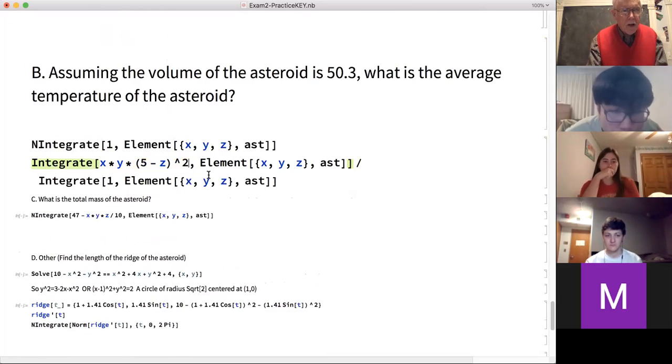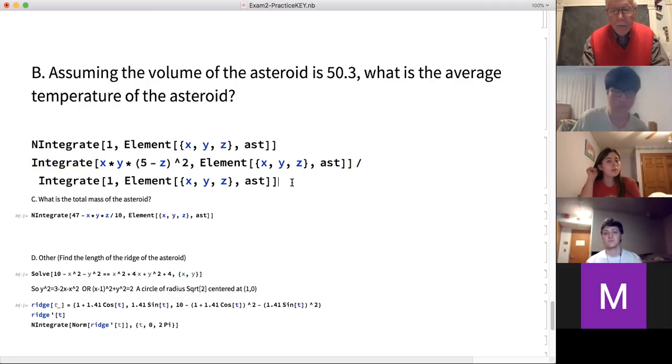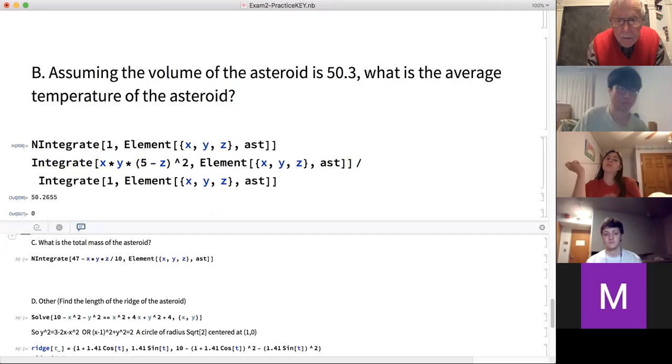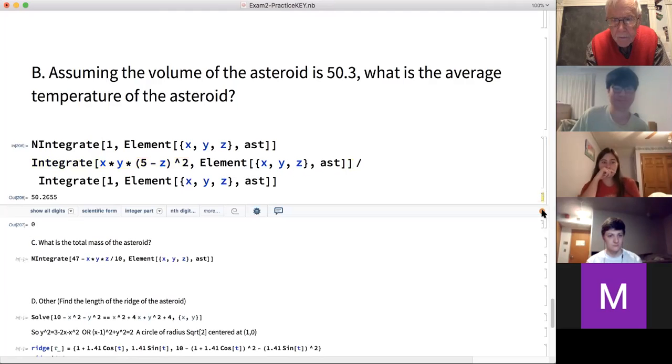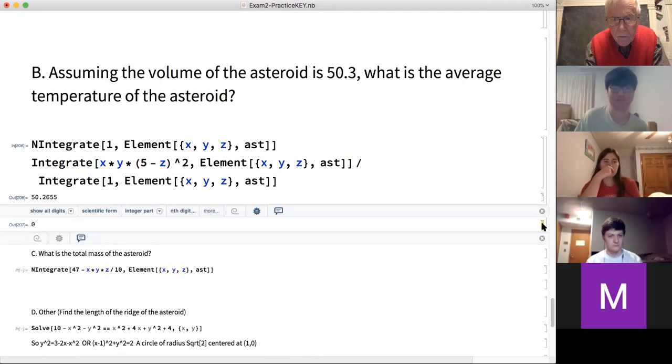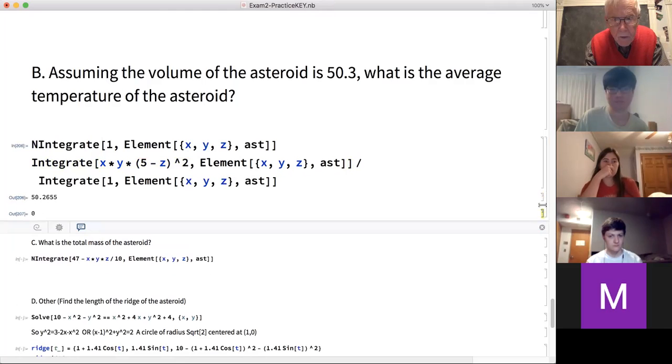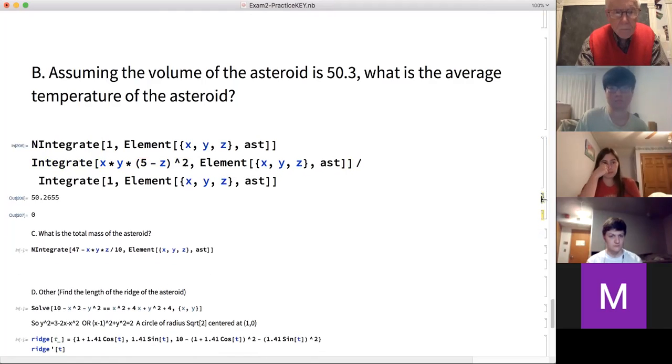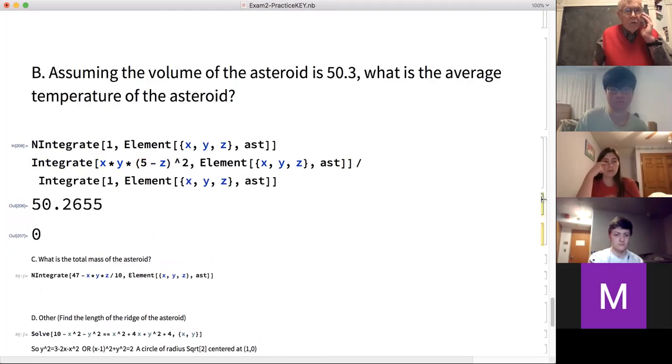So there is the temperature function, and we're going to integrate that, and then we're going to divide that by the volume. Let's see what we get. So when we integrate the temperature over it, we get 0. The volume is a little more than 50, but the average temperature is 0 over this object.